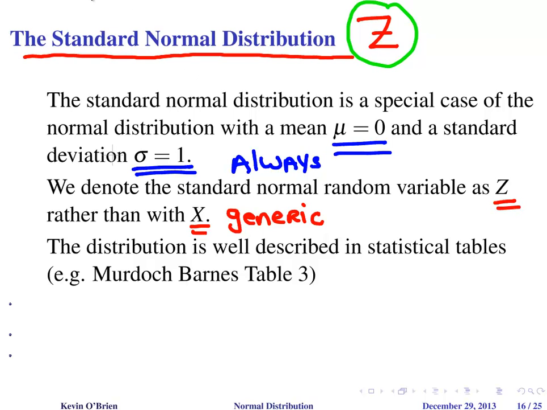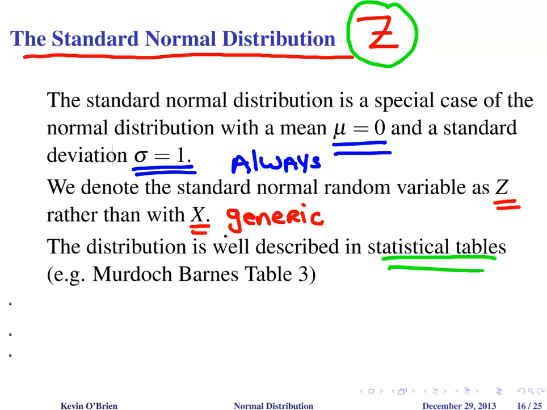Just as another remark, the reason this distribution is so important is that it is well described in statistical tables. So in many exam situations, you will be given statistical tables with the standard normal distribution, the Z distribution, tabulated. When you look at these tables, you'll be able to deduce values for the Z distribution.